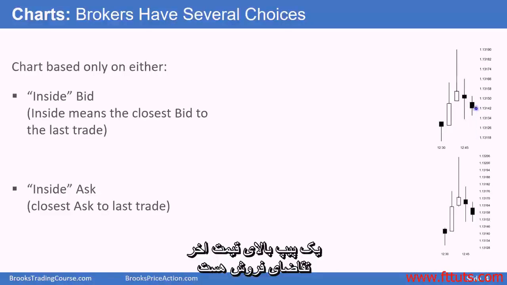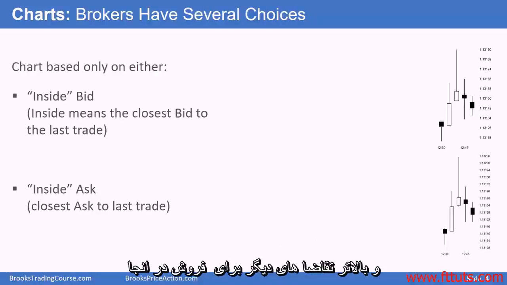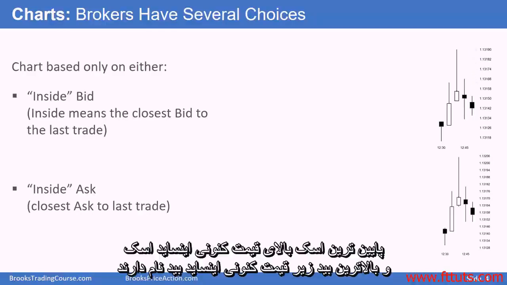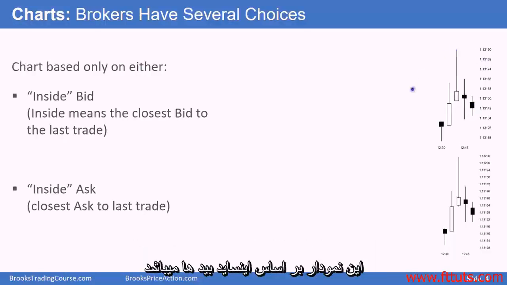A pip above that most recent price, there are traders asking to sell there. And then higher, other asks, other asks, other asks. The lowest ask above the current price is the inside ask, and the highest bid right below the most recent price is the inside bid. This chart is based upon inside bids, and this chart is based upon inside asks.